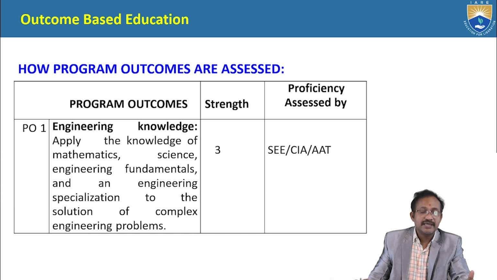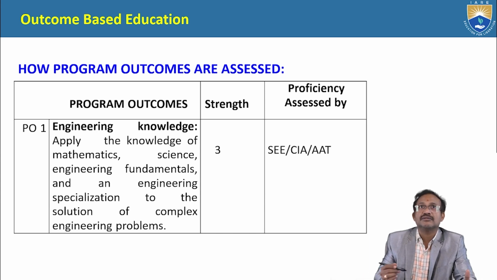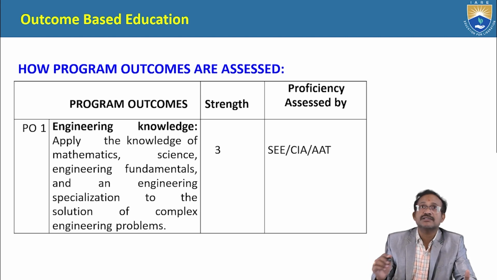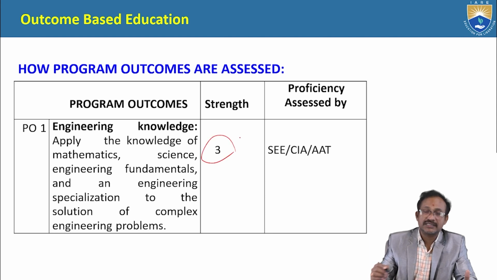Right. Here, PO1 for the program of mechanical engineering department, BTech mechanical engineering, and the course is unconventional machining process. For that, how is the program outcome engineering knowledge addressed?